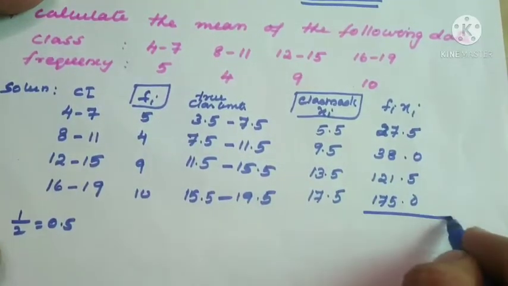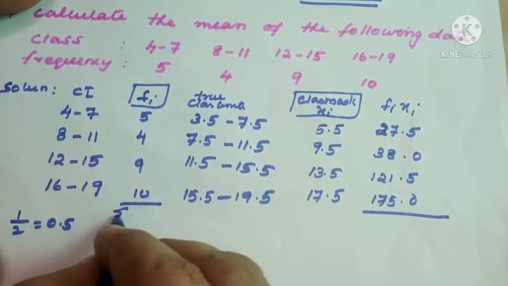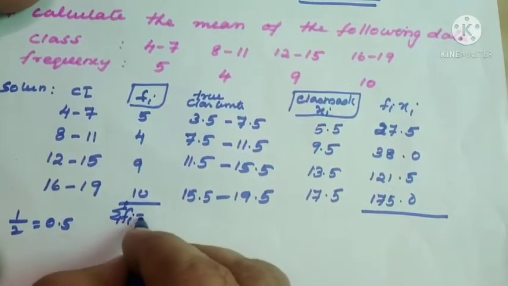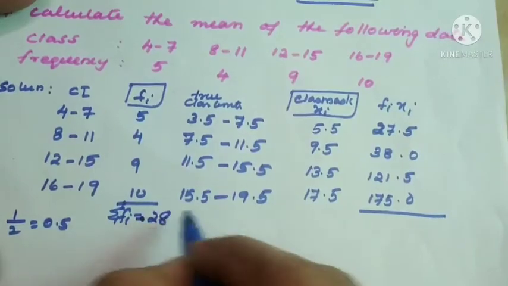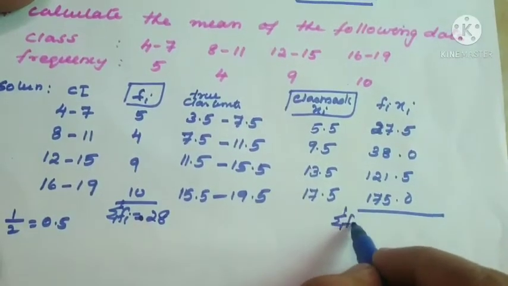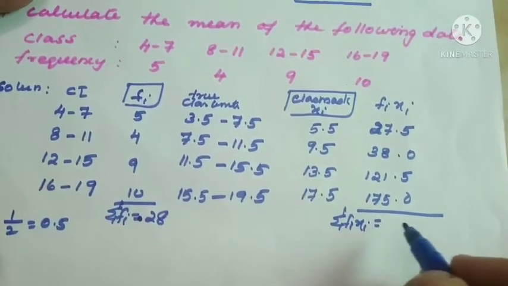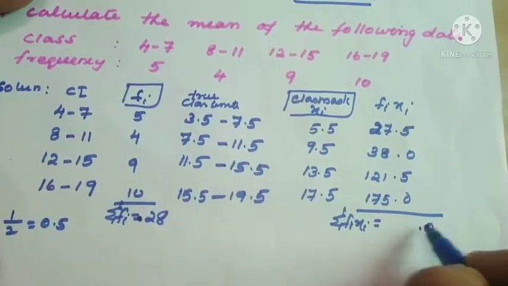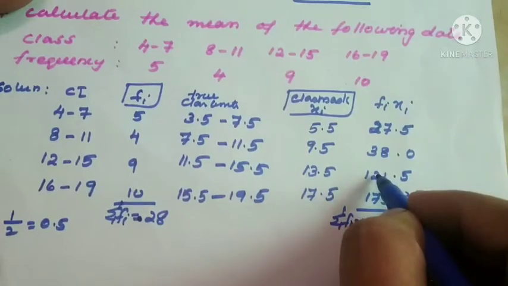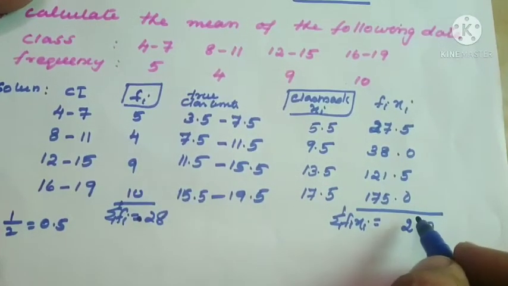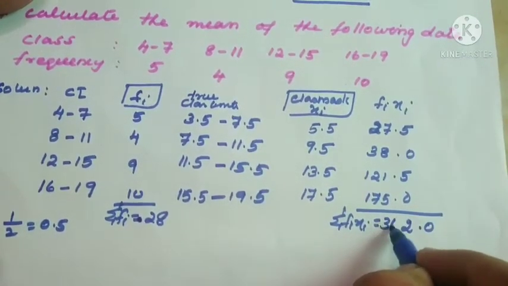So here sigma Fi is equal to 28, and sigma Fi xi is equal to 362.